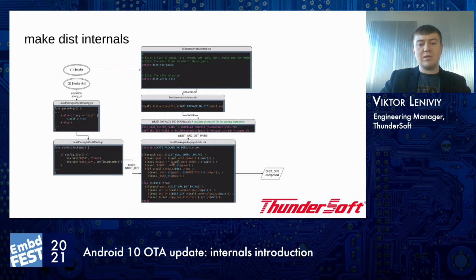Inside, this makefile parses the previously generated text file and sets dynamic goals for makefiles. So you can't find them by text search because they are dynamically generated. And in the end of this process, you get this dir composed. Here you can later analyze this code in more detail.